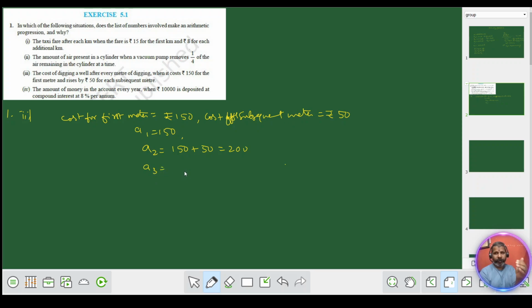A3, the third meter, is the second meter cost plus 50 rupees, 250 rupees.